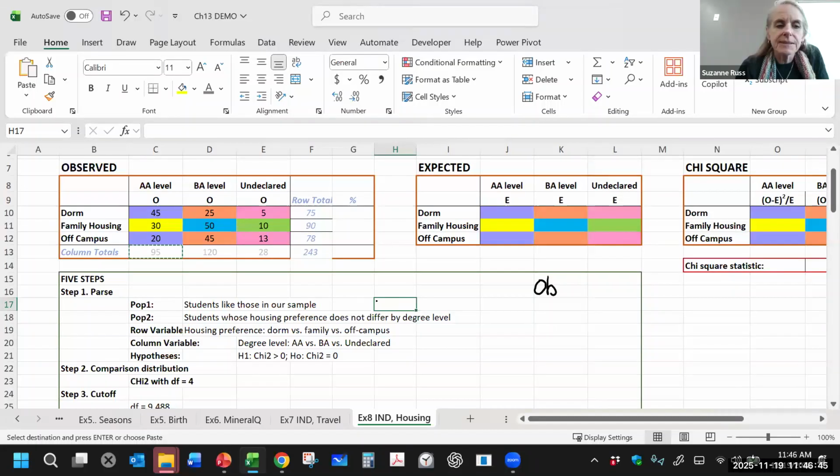When you get your percents, put your percent for dorm into the chat so I know you have the right idea. I'll remind you of the formula. Observed percent is row total divided by overall total.